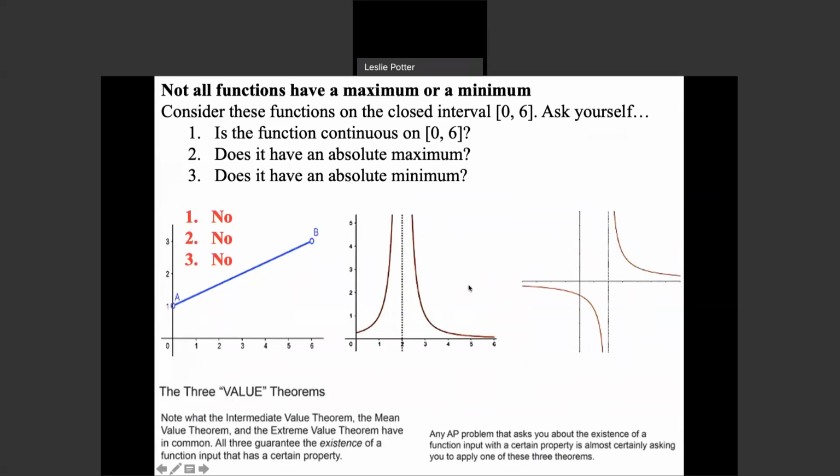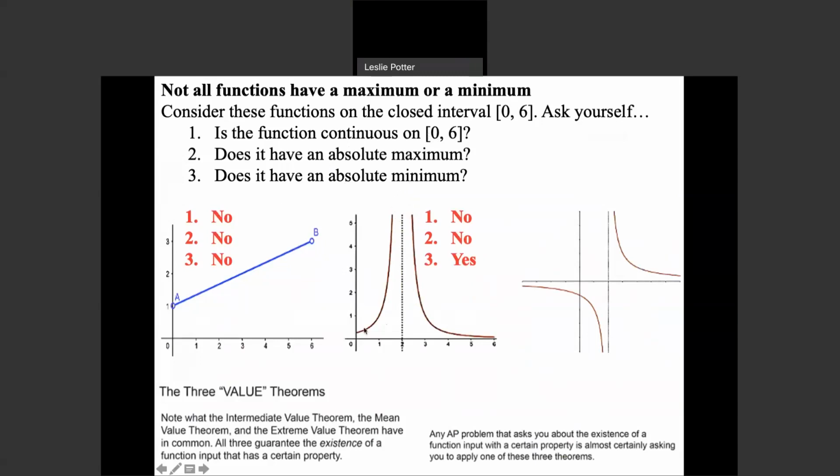Let's take a look at this function. Is it continuous on 0 to 6? And the answer is no, it's not. We have an asymptote right here, and we know that that's a point of discontinuity, which means we've got to lift our pencil to jump over that asymptote. Does it have an absolute maximum? That answer is no. Both of these parts of the curve are going up indefinitely, so they're going up to infinity. Does it have an absolute minimum? That answer is yes. Remember, we're on the closed interval of 0 to 6.